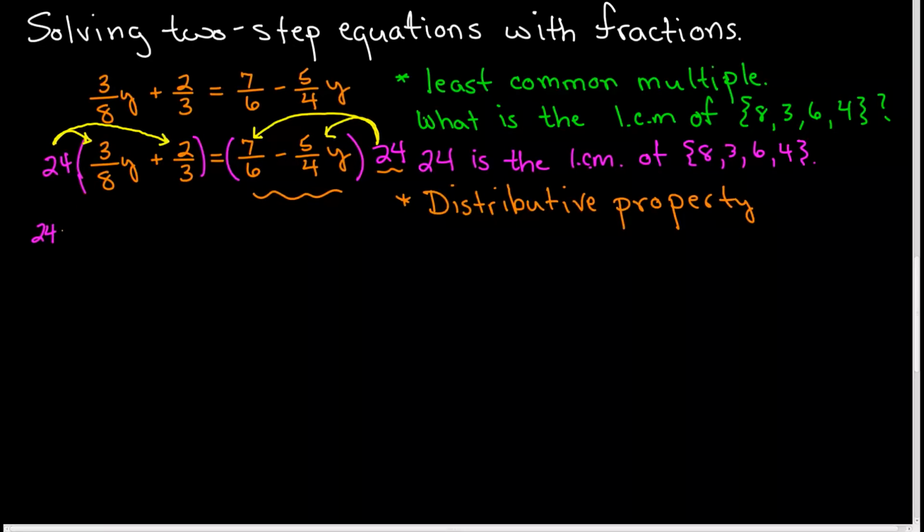So 24 times 3/8 y plus 24 times 2/3 is equal to 24 times 7/6 minus, because this is a minus 5/4 y, minus 24 times 5/4 y.